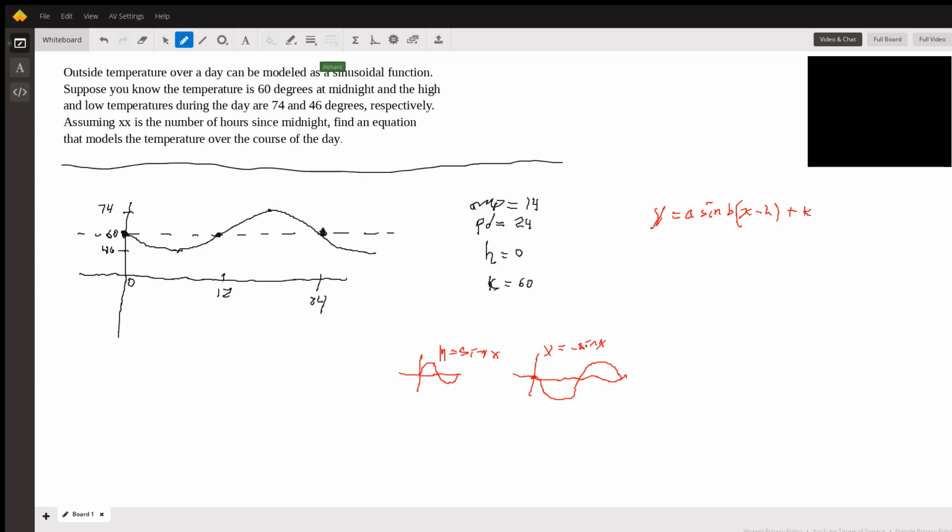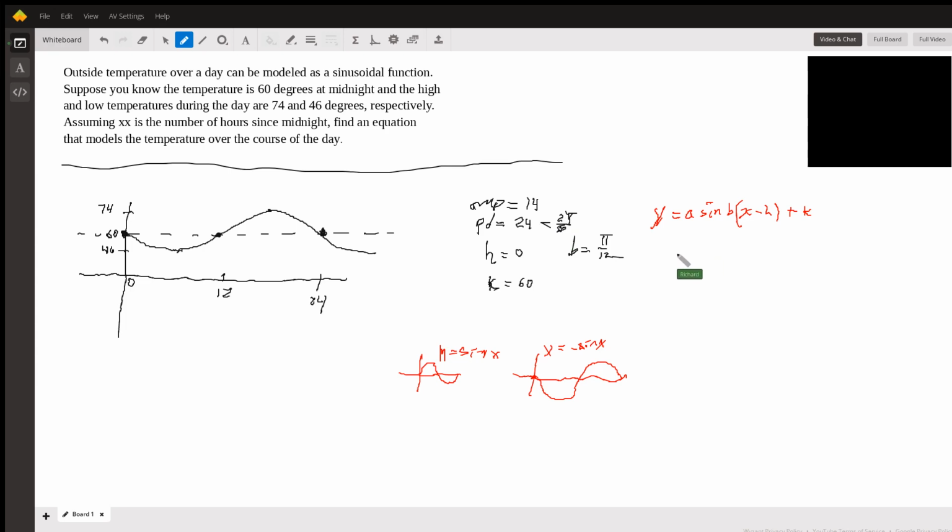The period for the sine curve is going to be 2 pi over b. So that means that b is equal to 2 pi over 24, so it'll be pi over 12. I just solved for b here. So it'll be 24b equals 2 pi, and then divided by 24.